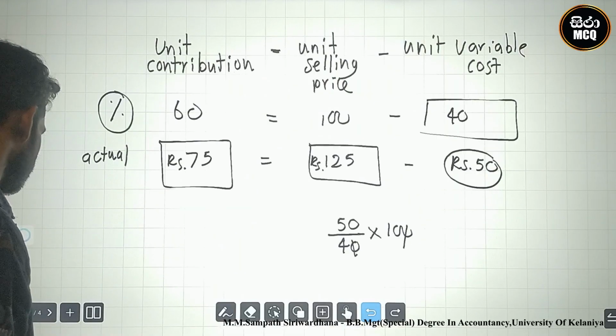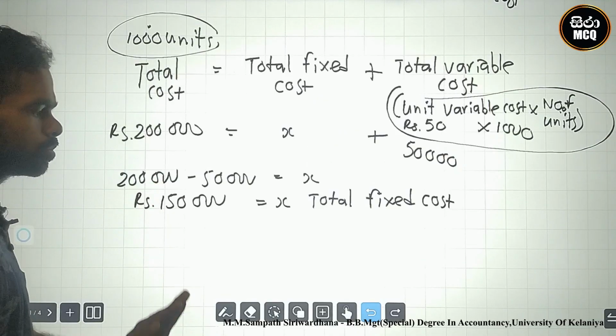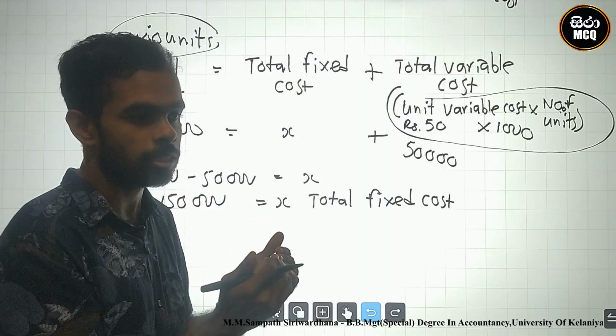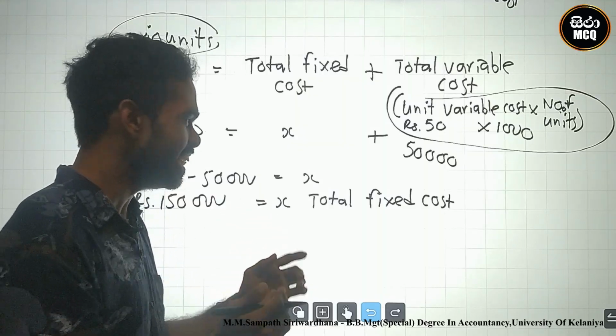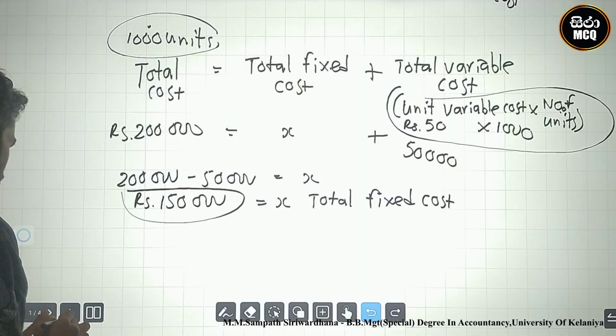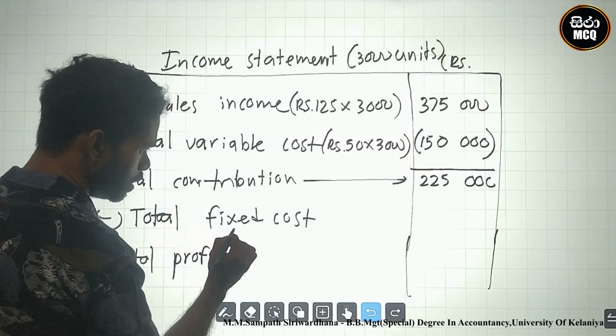At that point, the current fixed cost is there. What is that? Current means before 2,500 units are exceeded. At the current situation it is 150,000.